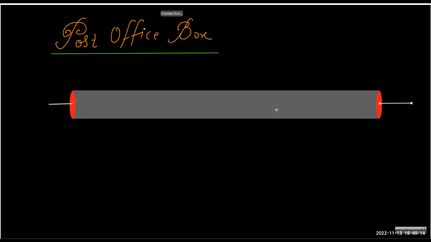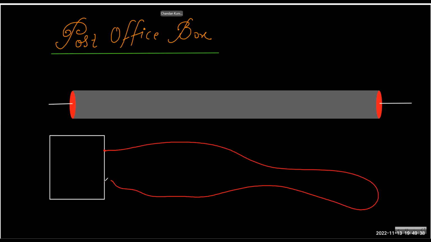And sometimes, due to some reason, maybe a rat, or due to some fault also, the two wires short. So we have a communication happening at the post office. The post office will lay out this cable across the city, and the wire will start from the post office, run across the city, and come back eventually to the same place.